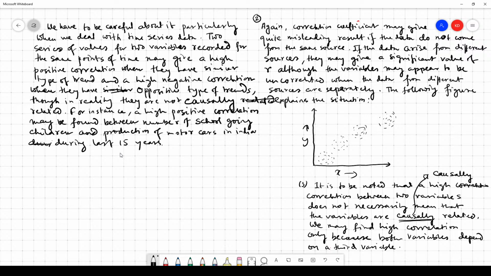But we see that there is a positive correlation between these two variables.